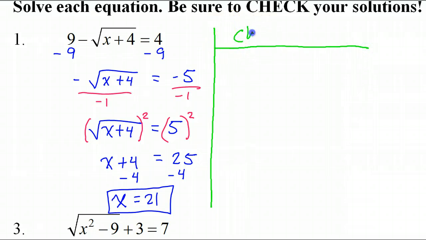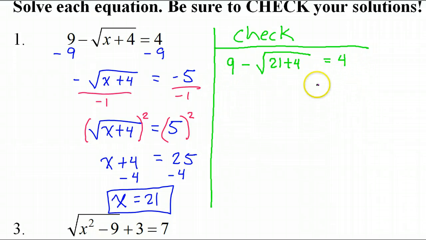Alright, so here's the check. As always, the way you check your solution is to take your answer and substitute it back into the original equation. So this would become 9 minus the square root of 21 plus 4 equals 4.